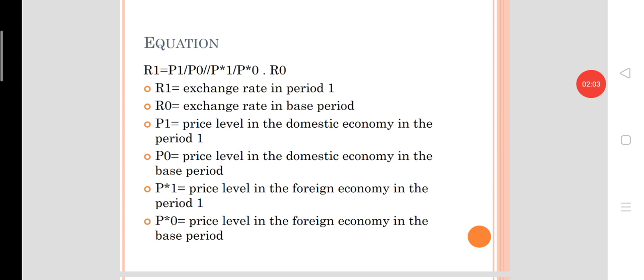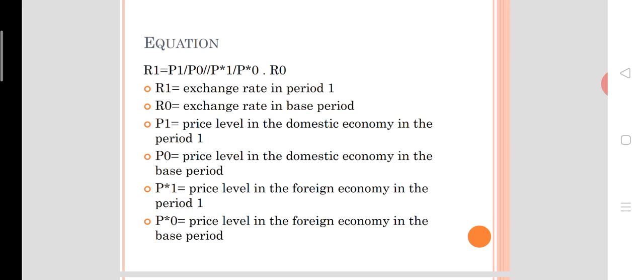So let me go straight to the equation for finding the exchange rate as per the relative purchasing power parity theory. The equation for finding the change in exchange rate is R1 equals P1 by P0, whole divided by P star 1 by P star 0, into R0.